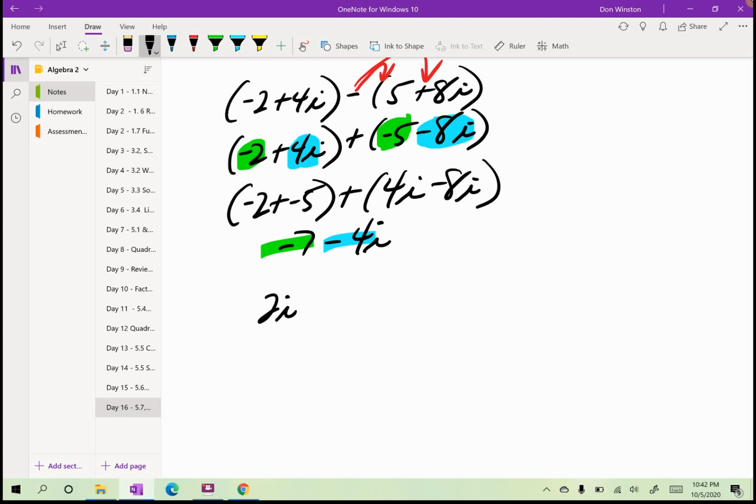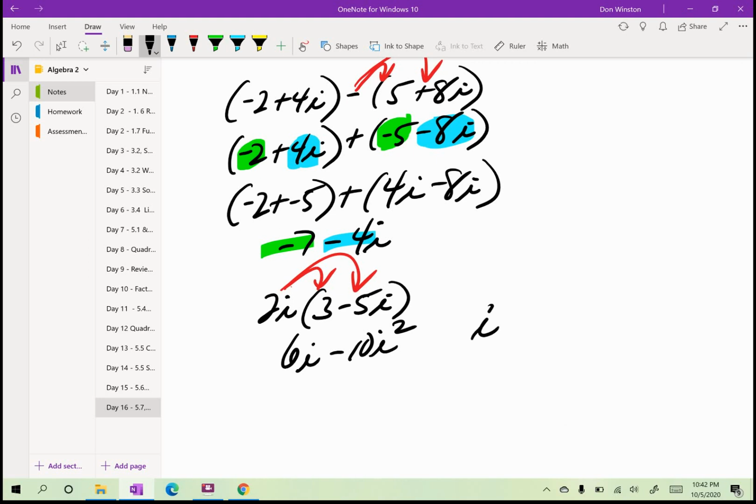So if I have 2i times 3 minus 5i, we have to distribute the 2i. So 2i times 3, that will be 6i. And then 2i times a -5i, that would be -10i squared.